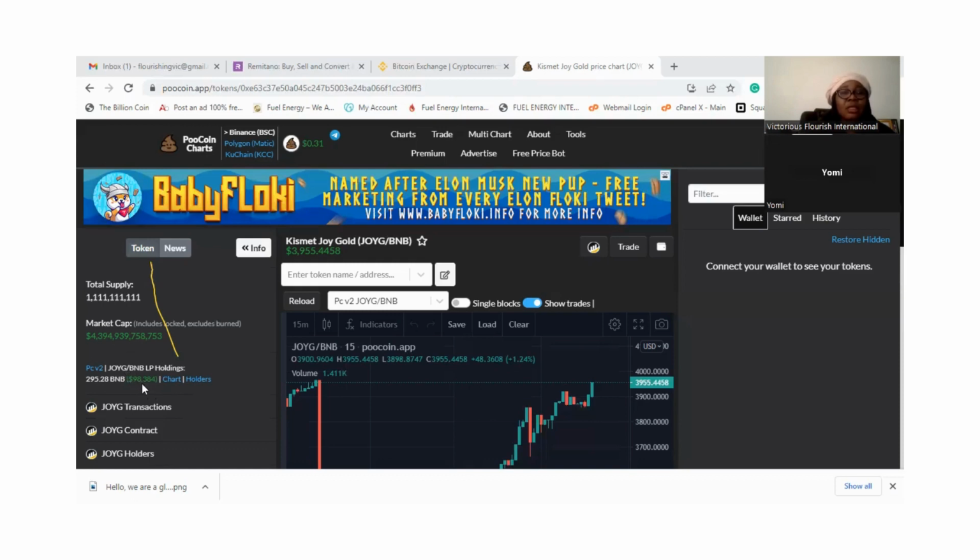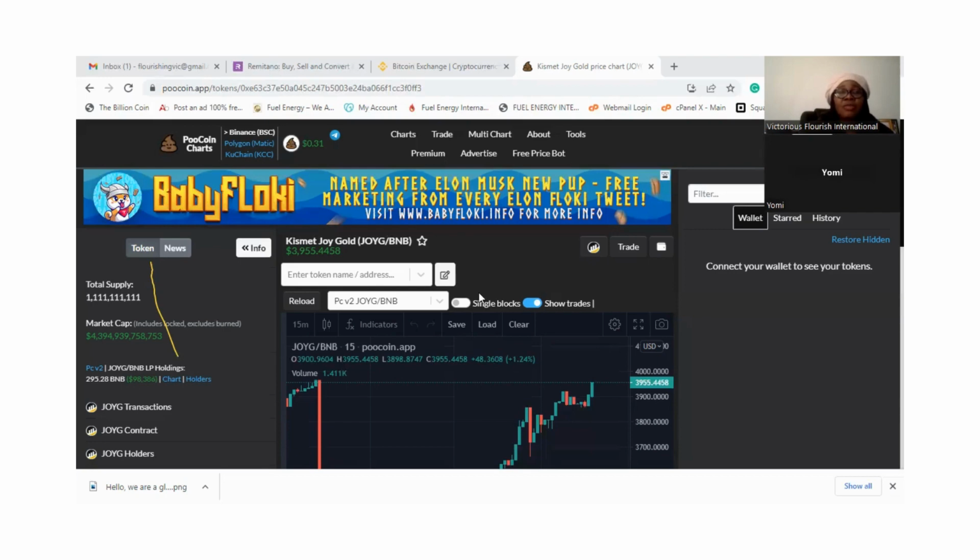This is the total liquidity. It's below 100,000. That's what we have. Okay, I think I understand now. So let's assume we have some Joy G in our back office, the Kringle Card back office.